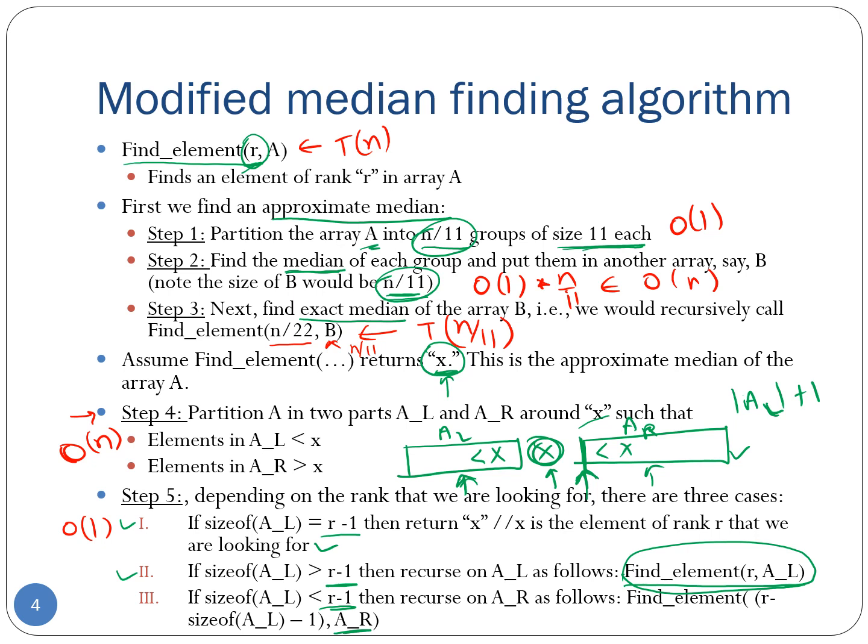If you have to recurse in the left half or the right half, the overall complexity of step 5 depends on which of these three cases would be the slowest. So let's think about what is the most lopsided partitioning that we can get around this value x over here.